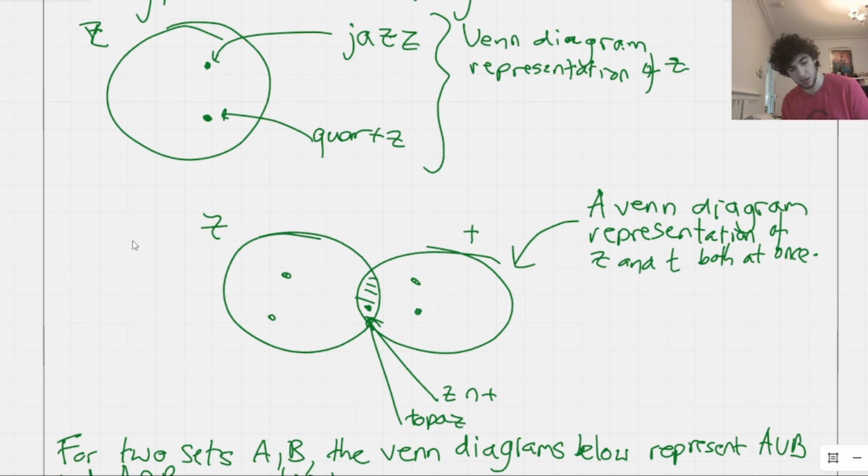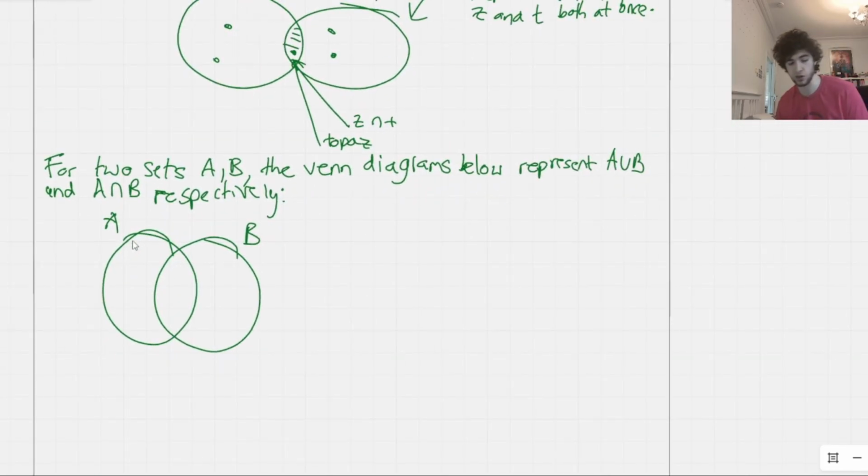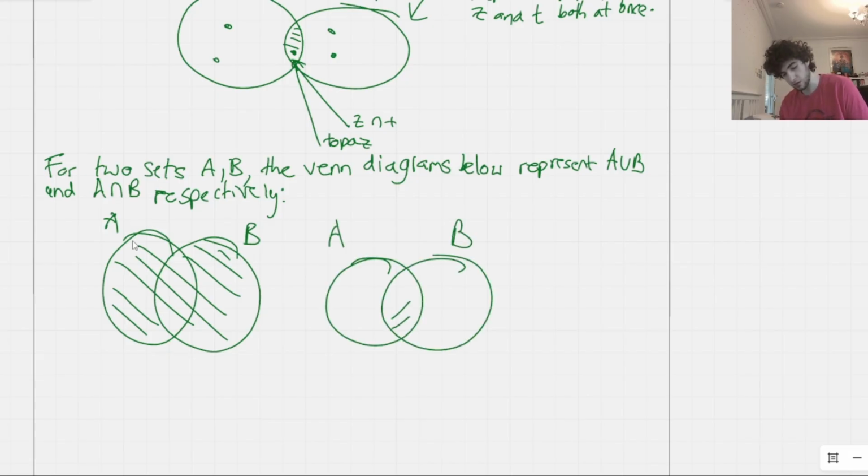A union B is going to look something like this. So you have a set B, and whenever you want to label those two sets and put them into one, you always have this overlapping region here, always. A union B is simply just going to be this. And A intersect B is going to be this.